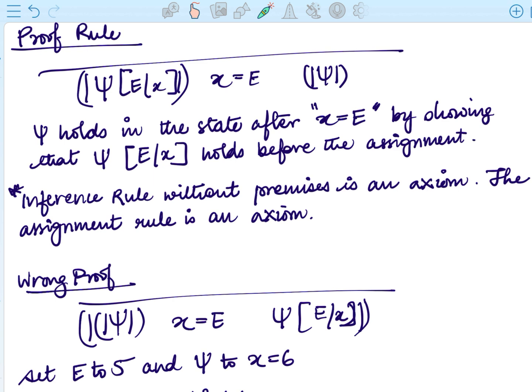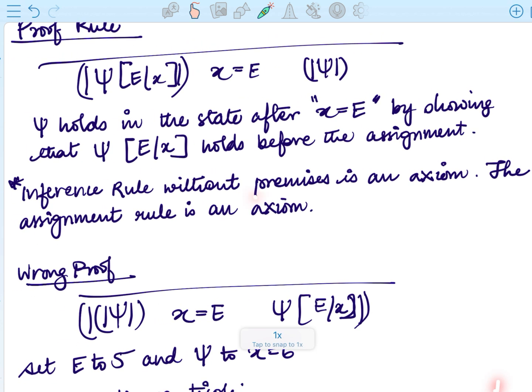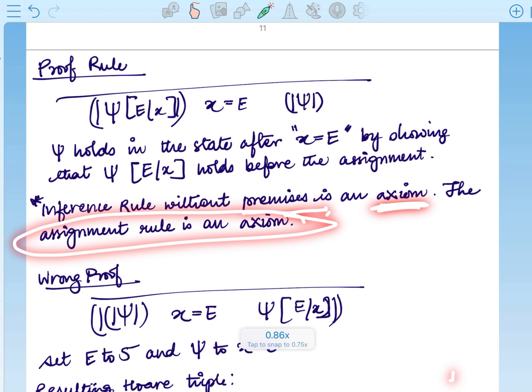Psi e by x, x equals e, psi. This is the correct proof rule. Here we do not have a precondition. It is a shocking thing to understand. When we do not have a precondition with us, that is we have no premise, such things are called axiom. Okay, so the assignment rule is an axiom, right?